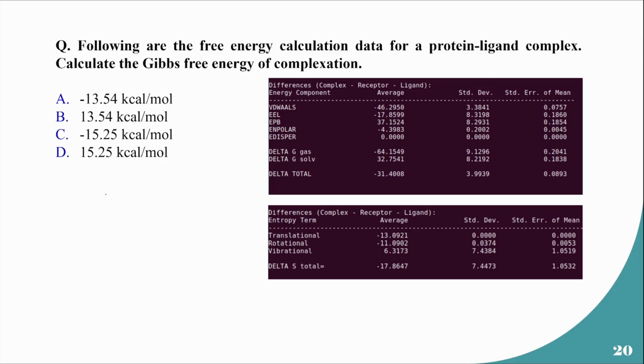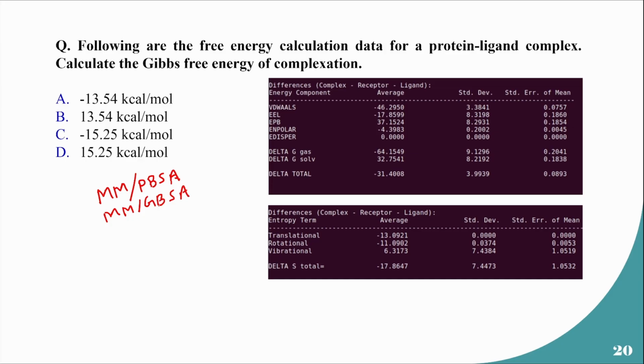You might know this from a lot of in silico drug discovery or in silico protein interaction research papers. This MMPBSA protocol is widely used in calculating binding free energies from molecular dynamics trajectories. Similarly, you might have also heard about another protocol called MMGBSA.